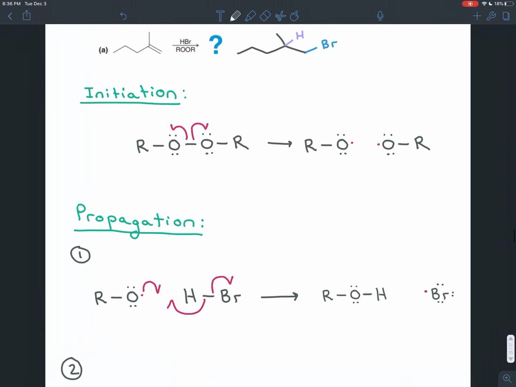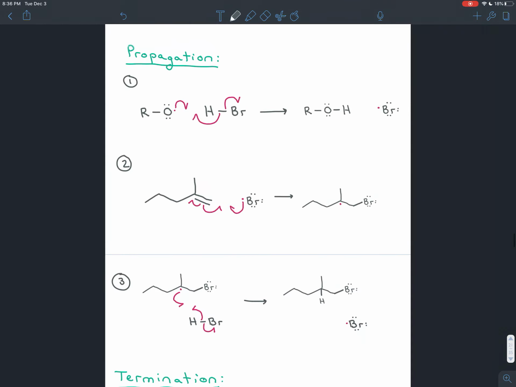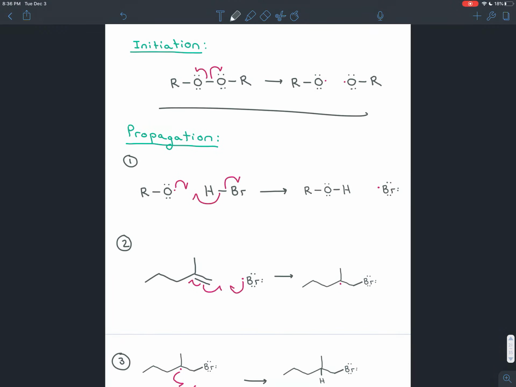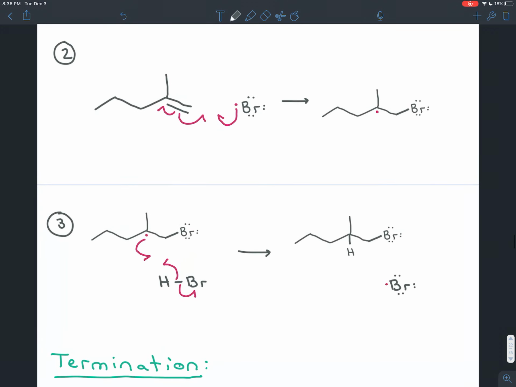In fact, in this anti-Markovnikov addition, this hydrohalogenation in the presence of peroxides, the carbon chain only participates in the second and third propagation step. It does not participate in the initiation step, and as we'll see, it does not participate in the termination step either. The bromine adds first onto the alkene, creates the more stable radical at the more substituted position, and this is the reason why it's anti-Markovnikov.